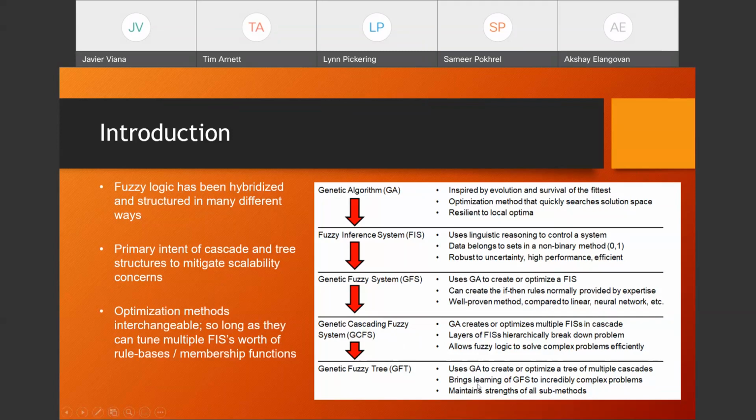And then that was extended even further with a fuzzy tree, and this had no limitations on directionality. So you can have a bunch of FISs in the tree that are connected to any other FIS and so on. Whereas the cascaded system is this progression or almost waterfall type structure. Genetic fuzzy trees are this mass where you can have interactions between any of them.